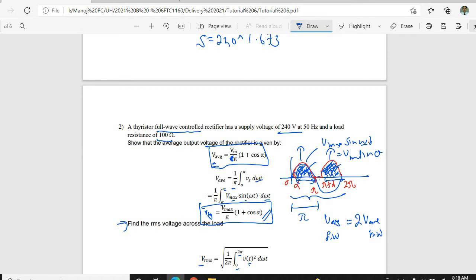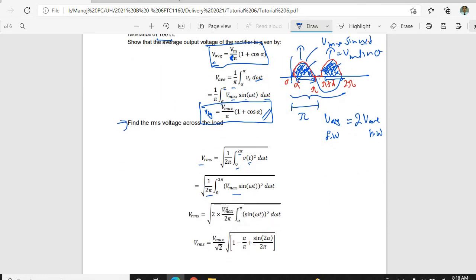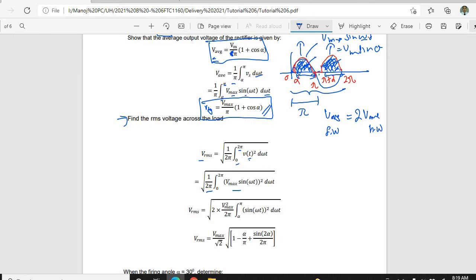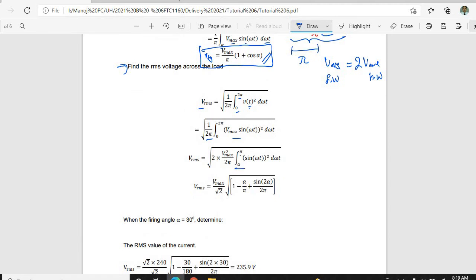So find one, then multiply by 2. So find the RMS voltage across the load. That is what we are going to do here. We will integrate from α to π sine ωt squared, with V max over 2π taken out, and we do only one portion, then multiply by 2.